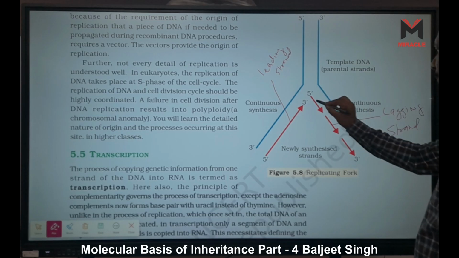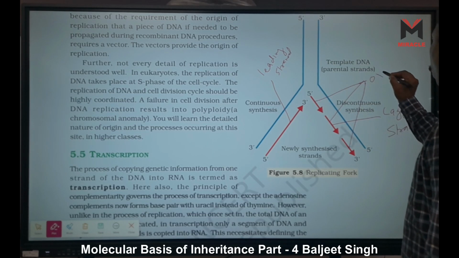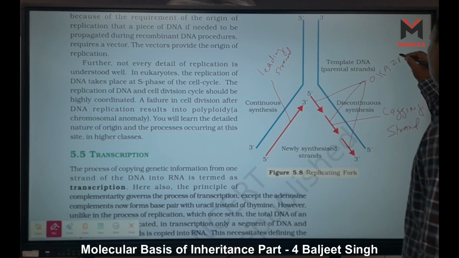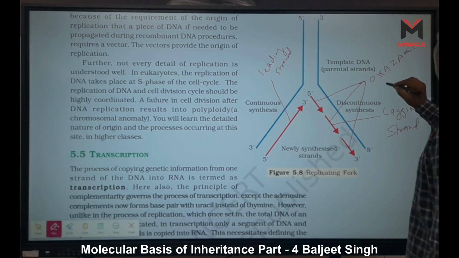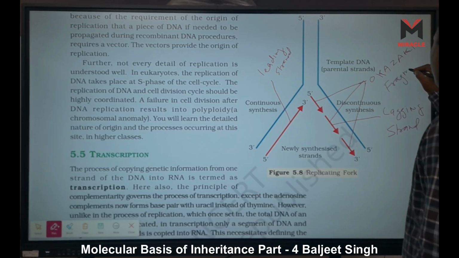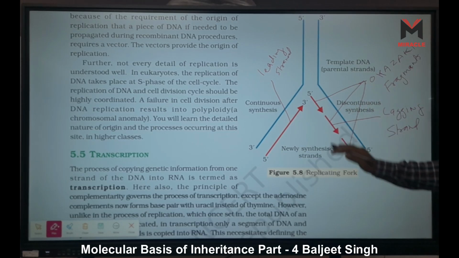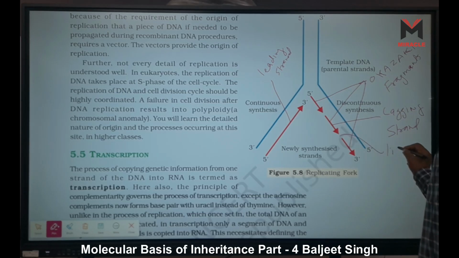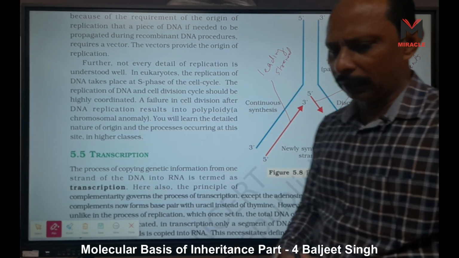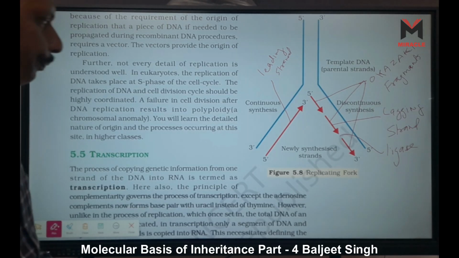And these fragments, 1, 2, 3, are called Okazaki fragments, right? And finally, what happens? These are bound to each other through an enzyme. Which enzyme is it? Ligase enzyme is used, because here DNA fragments are attached to one another. So this is called DNA ligase enzyme.